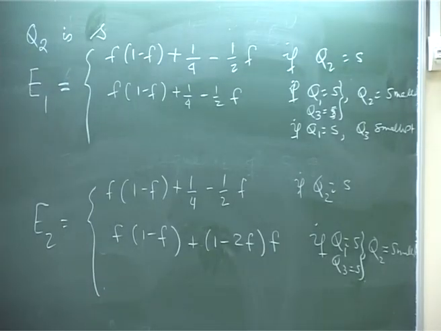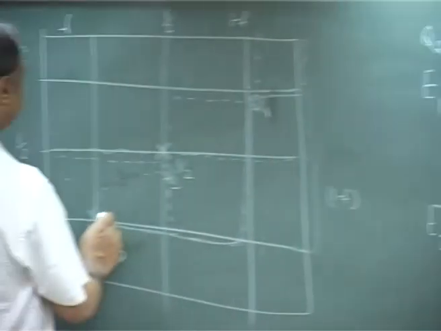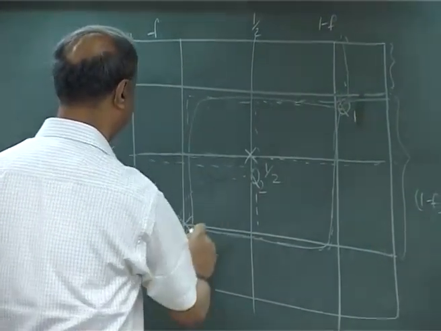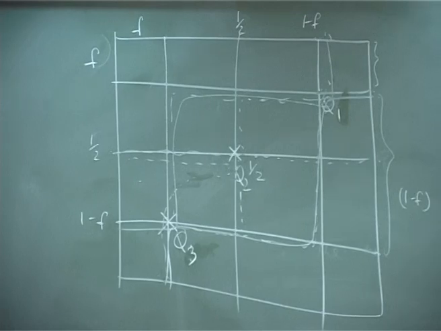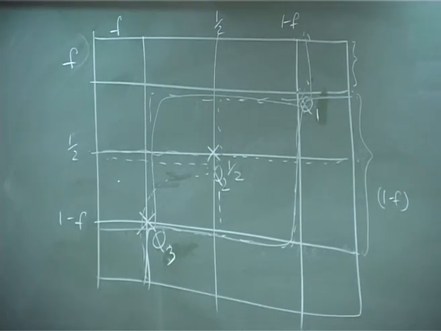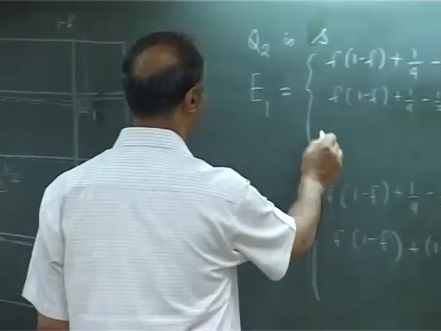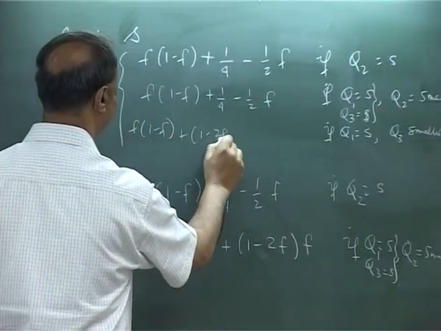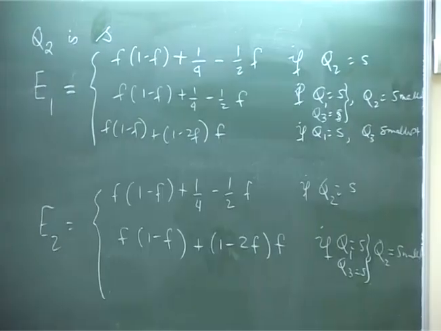If this is the second one, this is the smallest, then the guaranteed part is this much. Agreed? Which is nothing but f into 1 minus f plus 1 minus 2f into f.